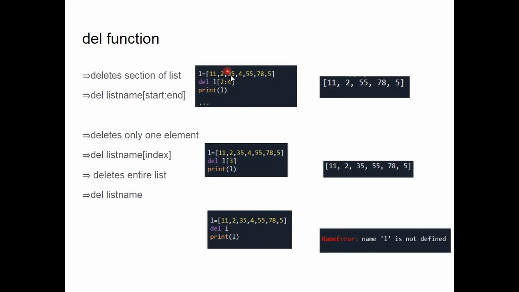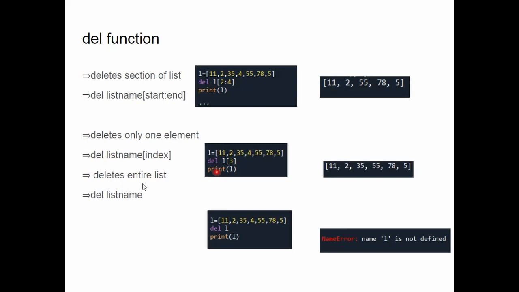So we are not finding 34, 35 in your original list now. If you want to delete only one element, I use del, the list name and only the index. So here we have L of 3. This is the number present at position number 4. So 0, 1, 2 and 3. So 4 will be removed from the list.